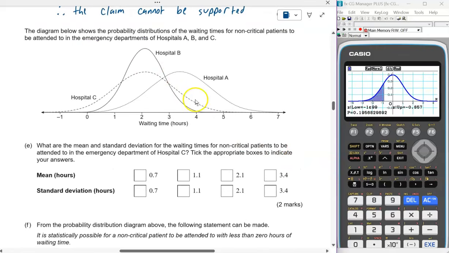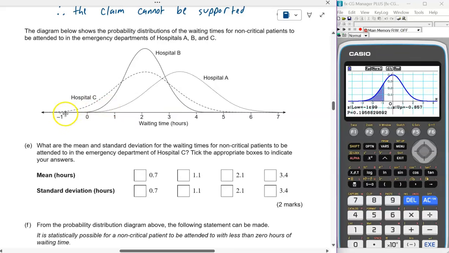Moving on to the next part here, it's got a diagram that shows the probability distributions of waiting times for those 2 hospitals we've already looked at, Hospital A and Hospital B, but also this new hospital here, Hospital C. It says, what are the mean and standard deviation for the waiting times for non-critical patients to be attended to in the emergency department of Hospital C? Tick the appropriate boxes to indicate your answers.